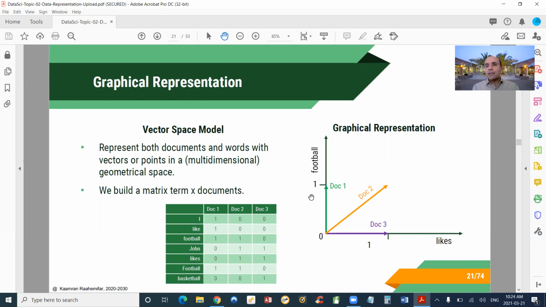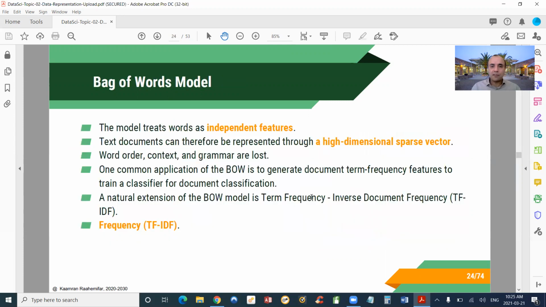There is no order in the words that have appeared in my document. I am a human being and I'm using a sentence, and when I use a sentence, I put the words right after each other. But in a bag of words, imagine you have a bag and you have words inside. It's like Legos, you put them inside. They're all scrambled. There is no order in my bag of words. So that's what we are trying to refer to.